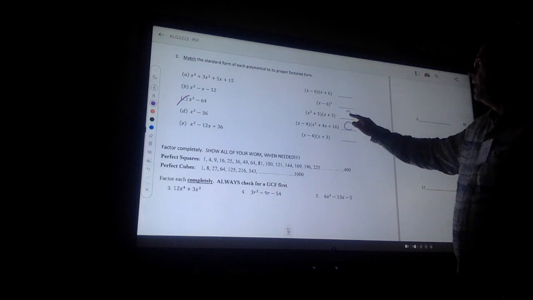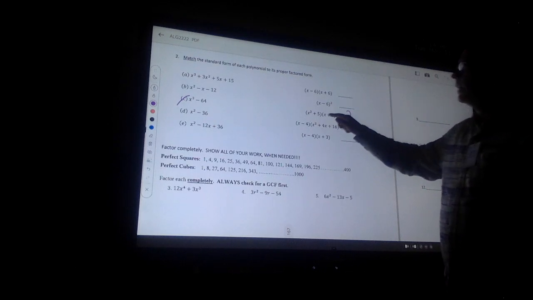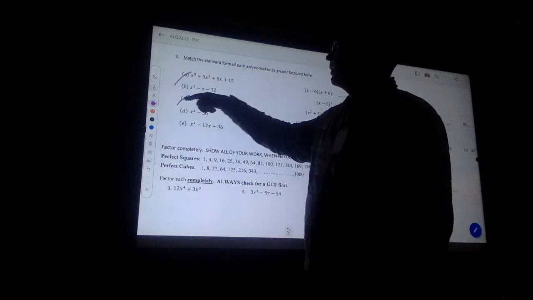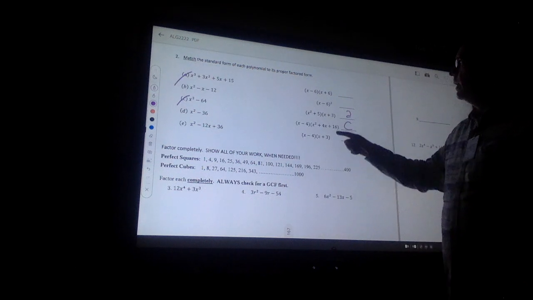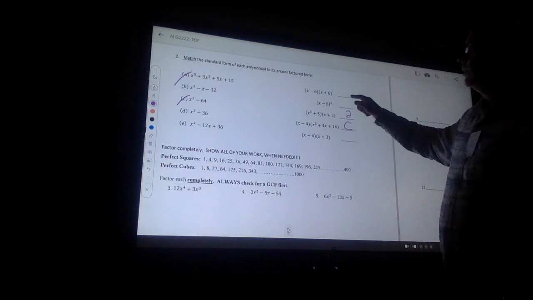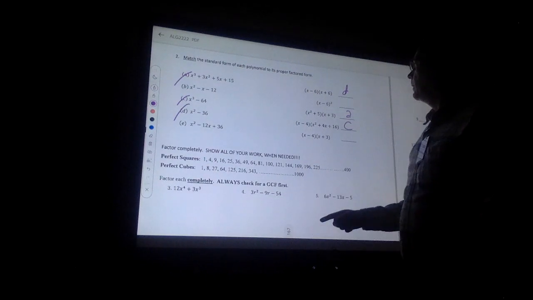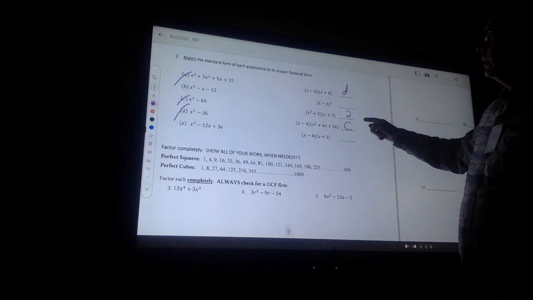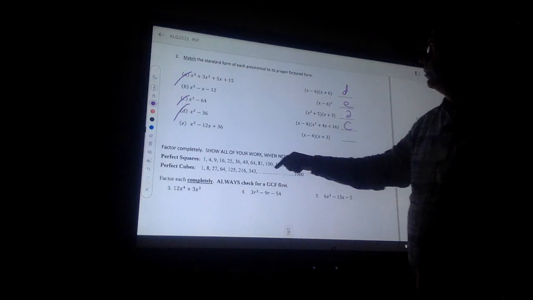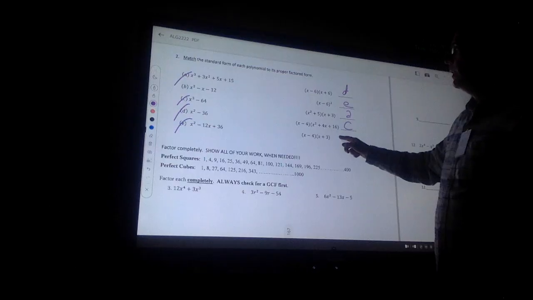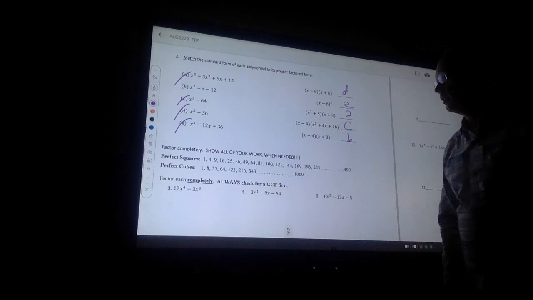This one has to be A, because if I want x squared times x, I'm going to get x to the third, so that's just going to come out to 4 terms. And then x minus 6, x plus 6, that's the difference of two squares, so that's D. And then x minus 6 quantity squared, that's going to be E if I FOIL it out. And then this one has to be B, because it's the last one we got left behind.